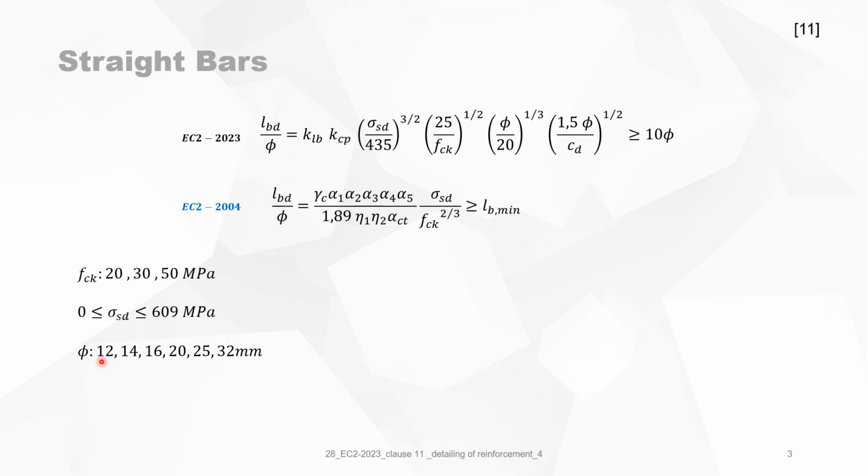For a diameter smaller than 12, it is the same as for diameter 12, but for the version of Eurocode 2 2004, there is a small difference, but I did not take this into account. And I have a fixed concrete cover Cd equal to 50 millimeters.